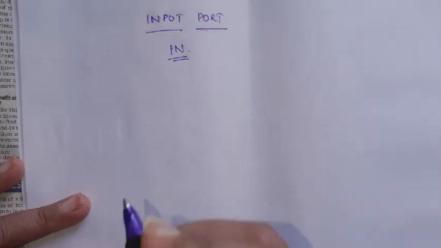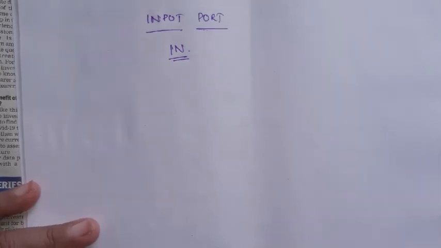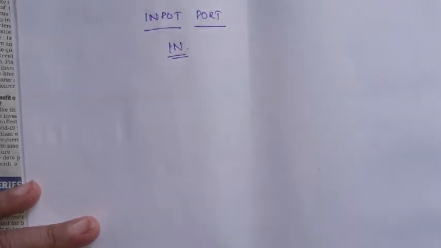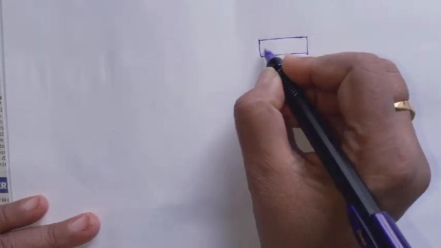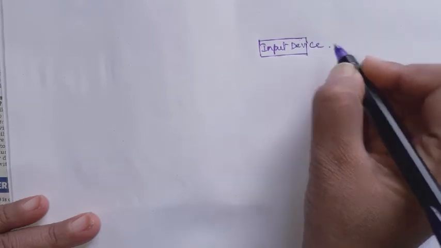Okay. Now input port requires tri-state buffers. An input port requires a tri-state buffer along with it to ensure that it is isolated from the system. It is isolated from the bus when it is not selected. So we'll see. Let us suppose input can be a simple switch or alphanumeric keyboard. So input port or input device.